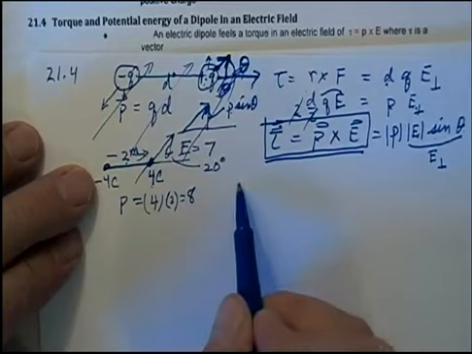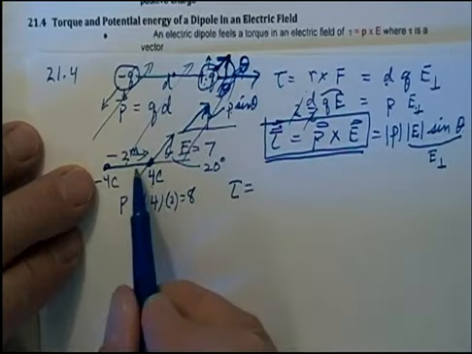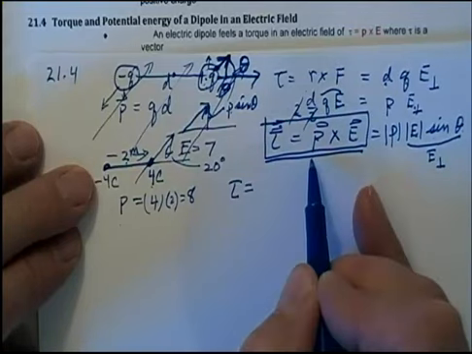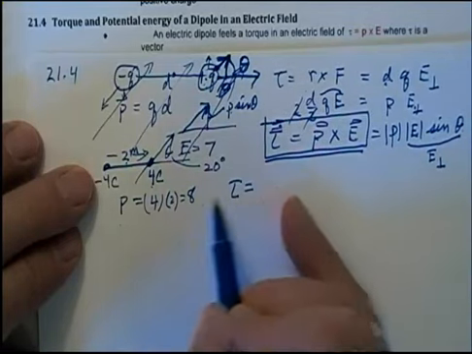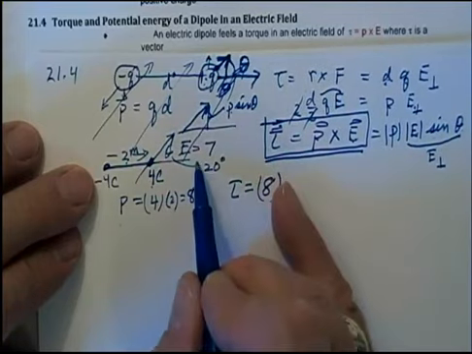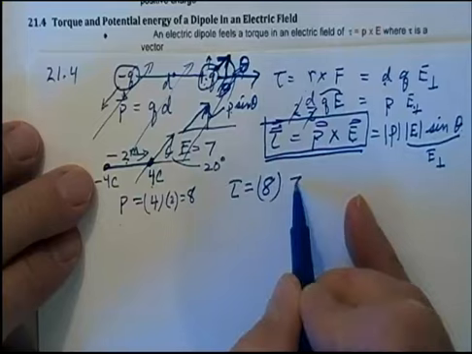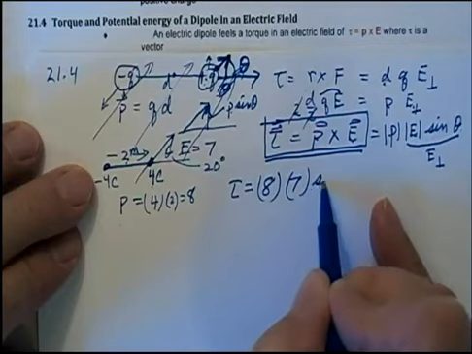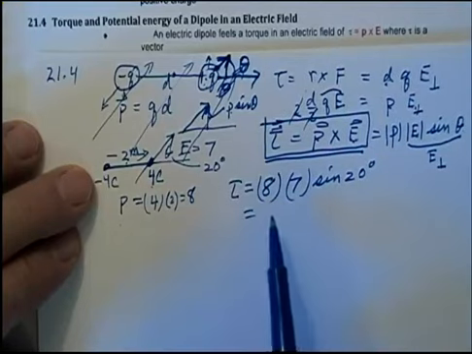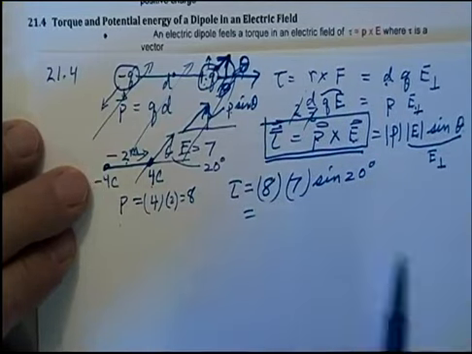Then the torque that's going to be exerted on this dipole is going to be what? The torque is going to be P, which is 8, times E, the magnitude of E is 7, times the sine of 20 degrees. And you can easily work that out and see what that torque is going to be.